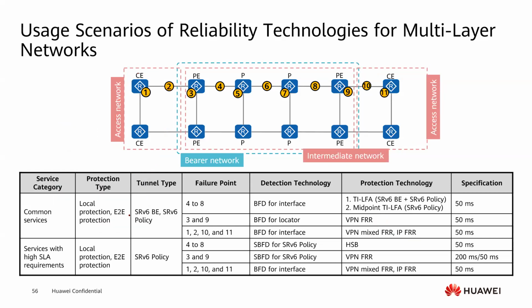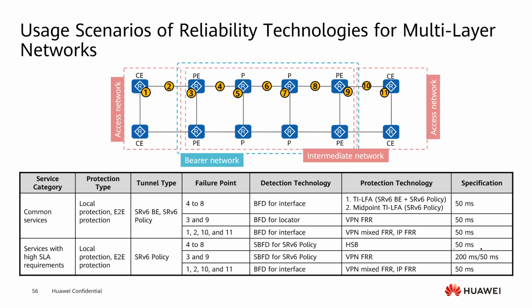And for the high SLA requirement services, we can use, this is mainly SRv6. So from 4 to 8, besides the TI-LFA, we will deploy the HSB, the end-to-end standby path, to guarantee our SLA.